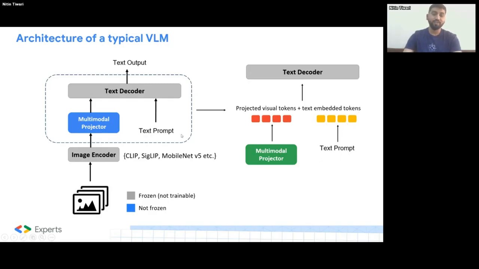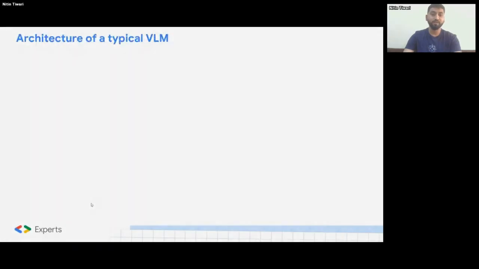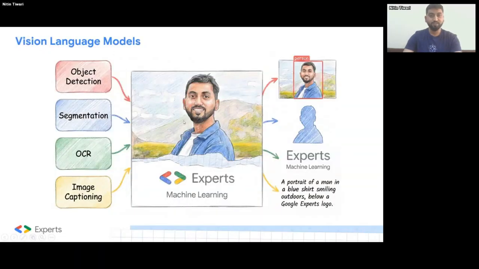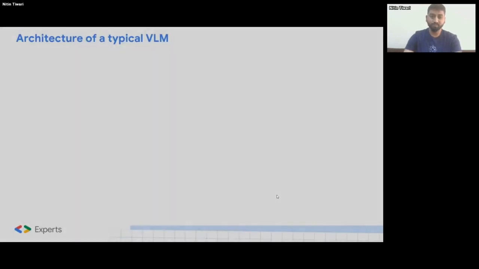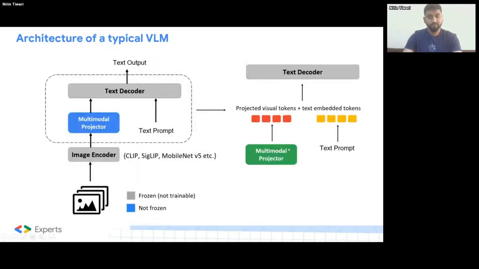For example, if I go back, this was my image, and let's say my text prompt was, can you do OCR on this image? Ideally my output would be a portrait of experts machine learning. Or let's say my prompt was, can you do some image captioning on this? My output would be a portrait of a man in blue shirt and so on.